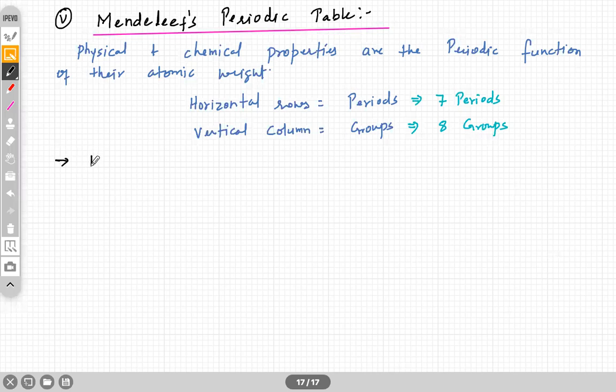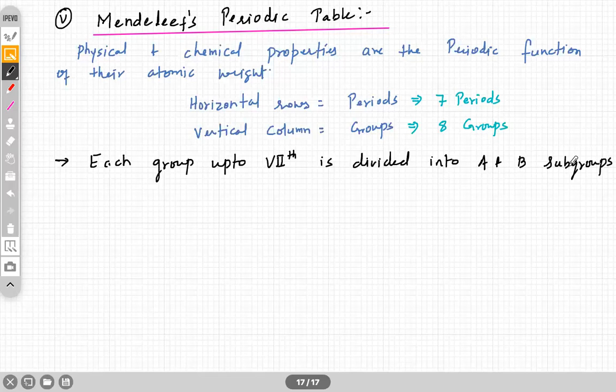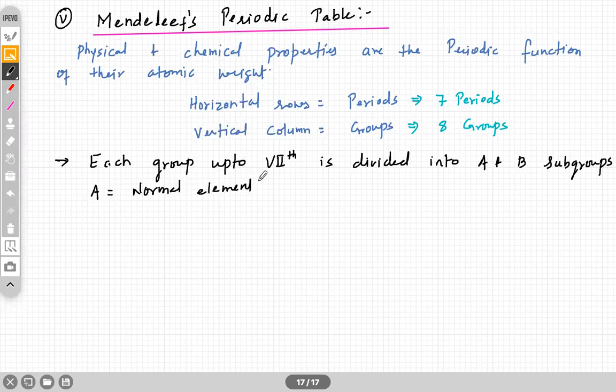Write down, each group up to 7, not 8th one, up to 7th is divided into A and B subgroups, where A is for normal elements, and B we use for transition elements.